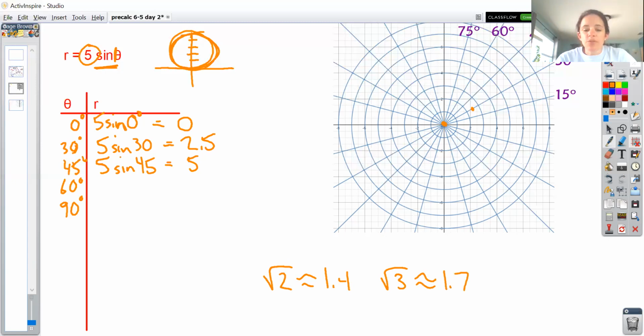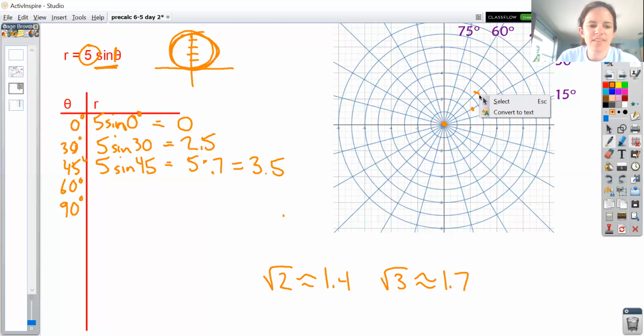So root 2 divided by 2 would be 0.7, and 5 times 0.7 would be 3.5. So at 45 degrees, I'm going to go 1, 2, 3.5 and stick a dot right there.